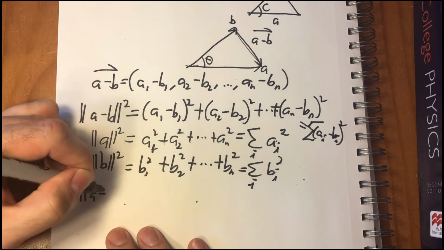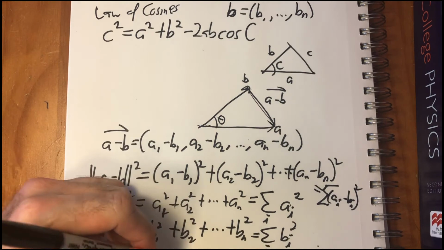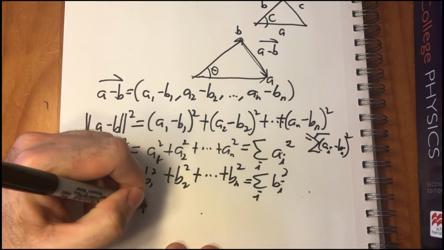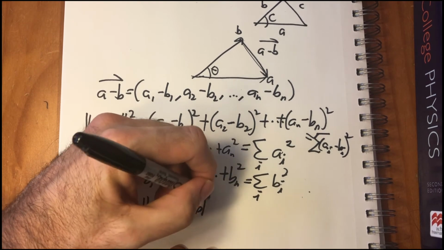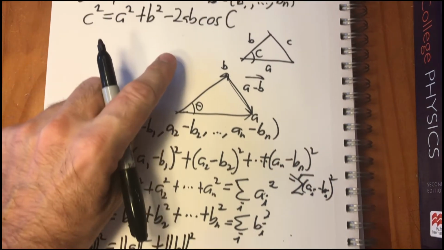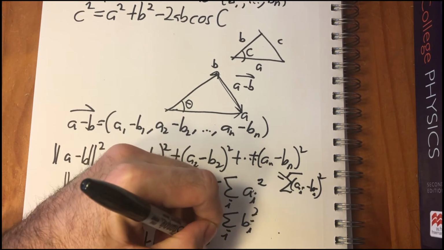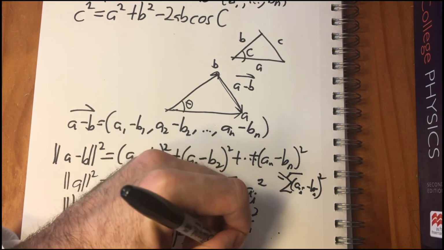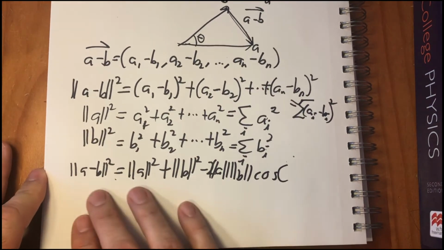So the length of a minus b squared equals the length of a squared plus the length of b squared, minus 2ab cosine c.